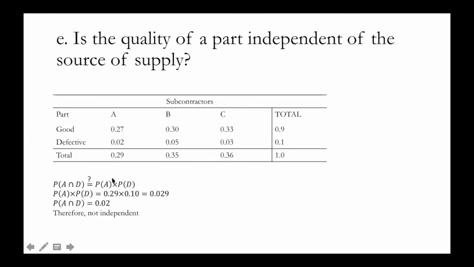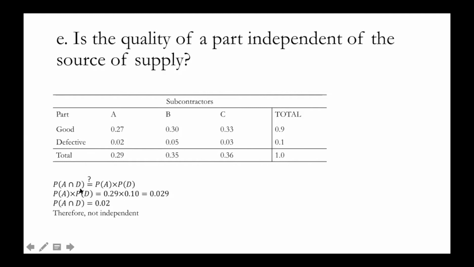And we know that the intersection of these two events will be 0.02, and the multiplication, because the probability of having a product from subcontractor A is 0.29.